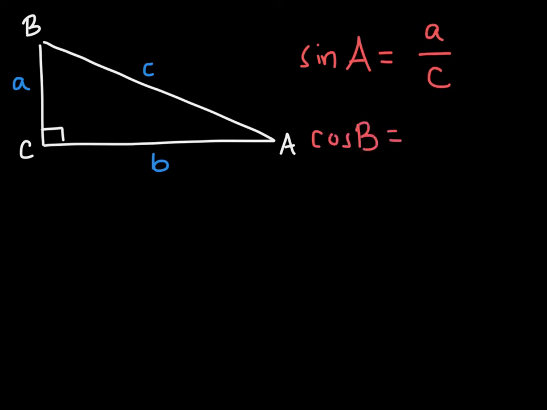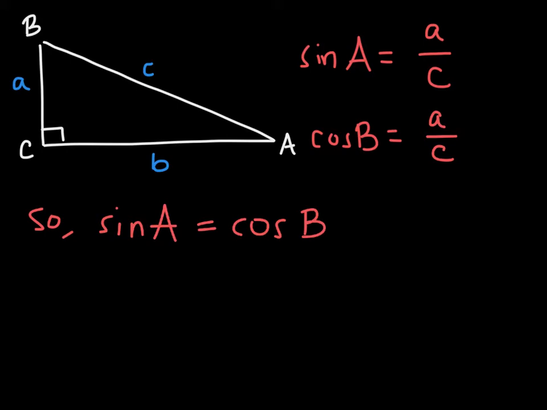Well, here's angle B, and cosine is adjacent over hypotenuse. Oh, it's the same thing, a over c. So notice that sine of one acute angle is equal to cosine of the other acute angle.